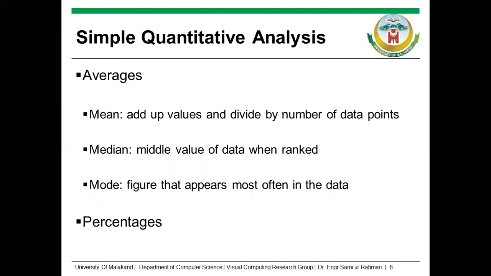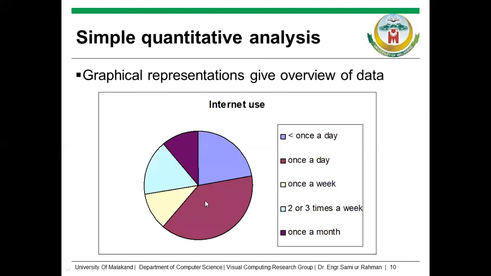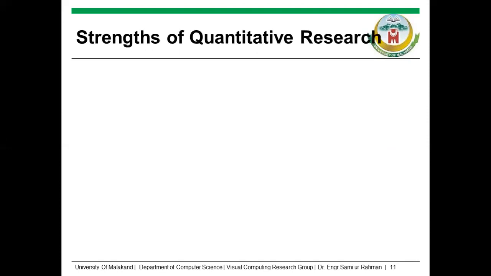And in this quantitative data analysis, we are using averages and means and median and mode and percentage. These are the different tools that are used in quantitative data analysis. Okay, and then we can also represent data in graphical form. Okay, so this is the visual representation of quantitative data.